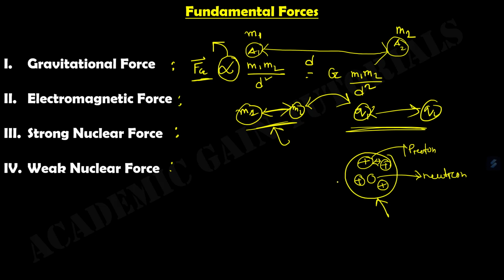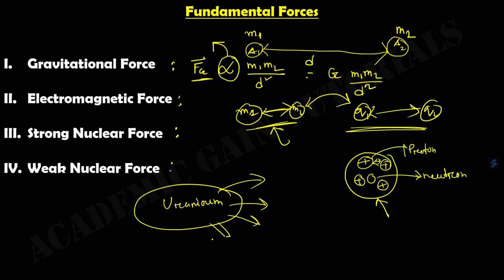Now coming to the next fundamental force, which is weak nuclear force. So what is weak nuclear force? In nature, there are some elements whose nucleus disintegrates spontaneously. Like uranium, if uranium disintegrates spontaneously, some rays are emitted from it.